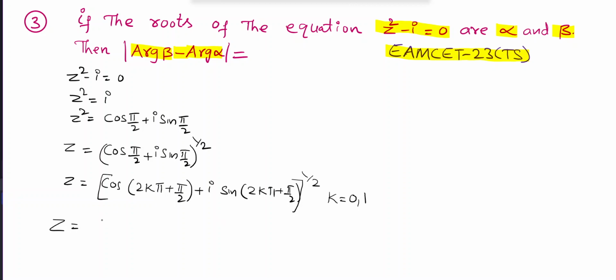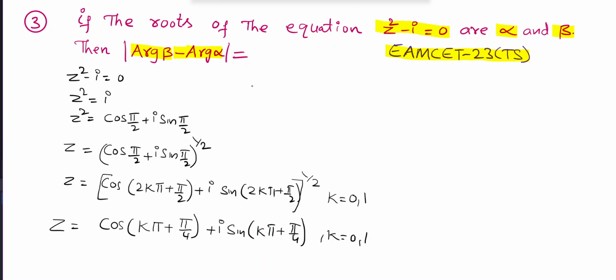Z is equal to cos of 2k pi plus pi by 2 divided by 2, which is k pi plus pi by 4, plus i sin of k pi plus pi by 4, where k is equal to 0, 1.